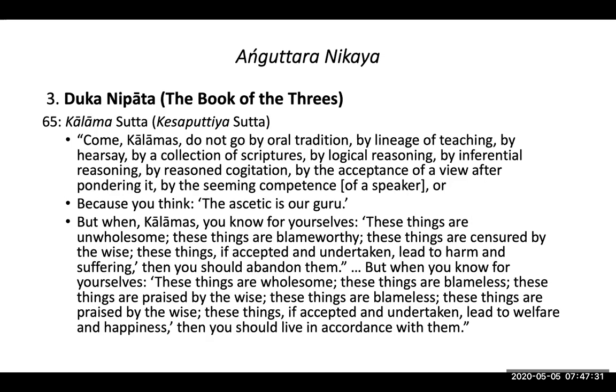But when you know for yourselves that these things are wholesome, these things are blameless, these things are praised by the wise, these things, if accepted and undertaken, lead to welfare and happiness, then you should live in accordance with them. I think this is redundant, okay?